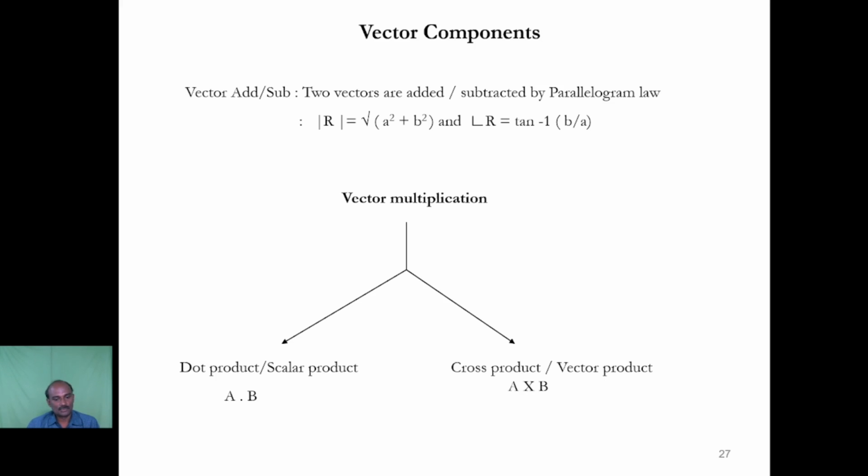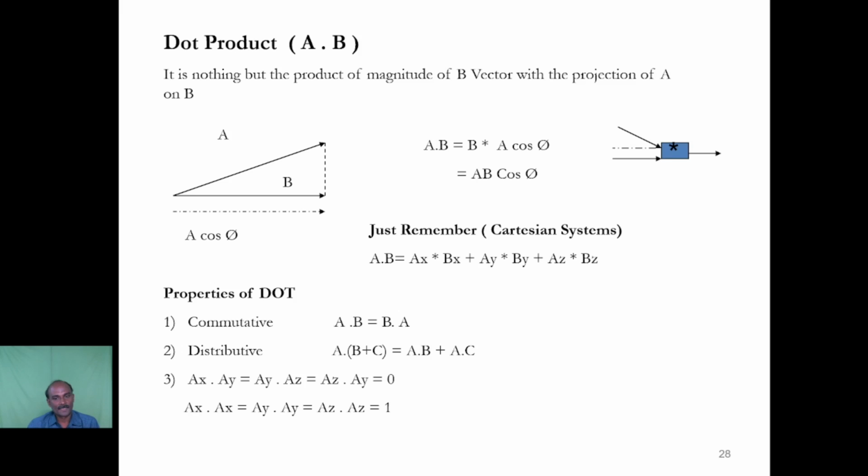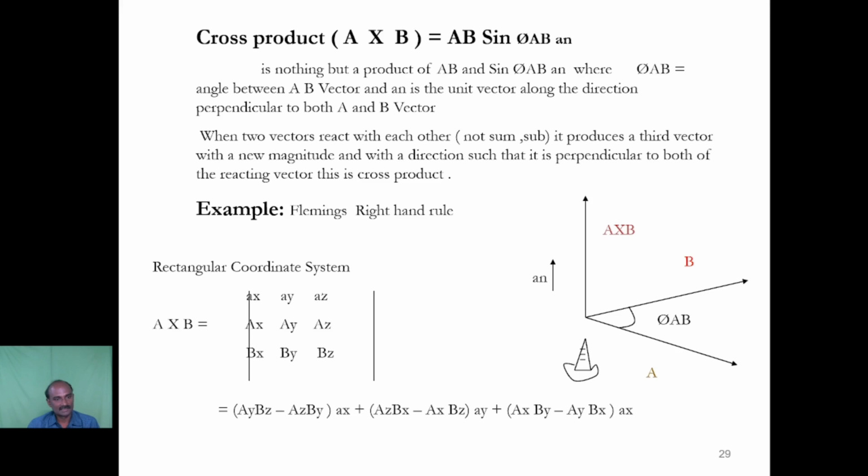In vectors we have two basic products, the dot product and the cross product. The mathematical meaning of the dot product and its properties. Cross product is a vector quantity. Dot product is a scalar quantity. And how to quantify the cross product?